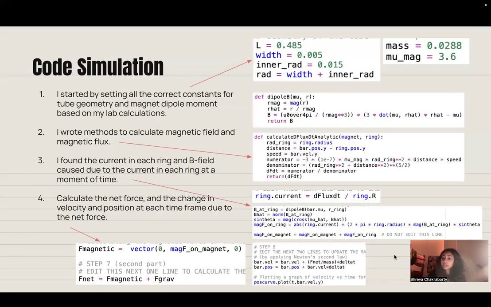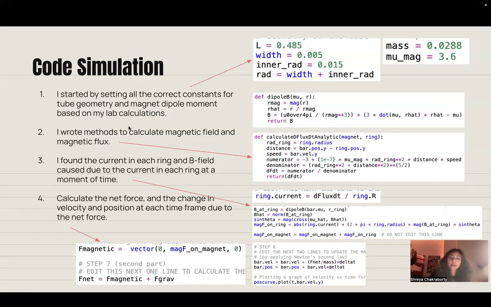In addition to this, I coded a simulation that would allow us to come up with a time that it would take for this magnet to fall through a tube, given the measurements that we took from the lab. First, I started by setting all the constraints that I gave in the previous two slides for the tube geometry, as well as the magnetic dipole moment of the magnet itself.